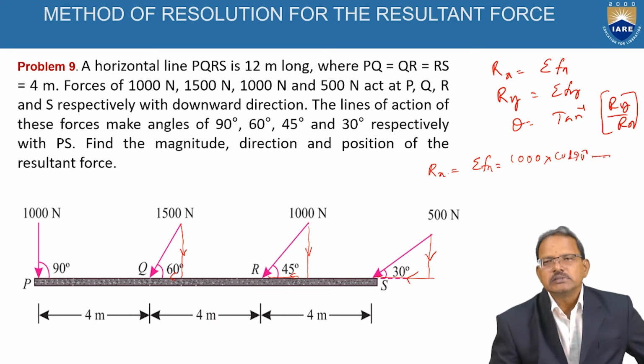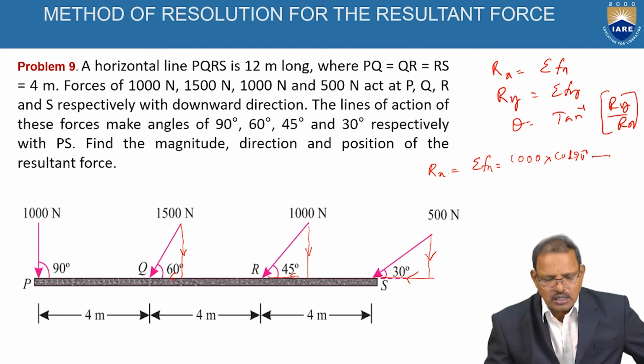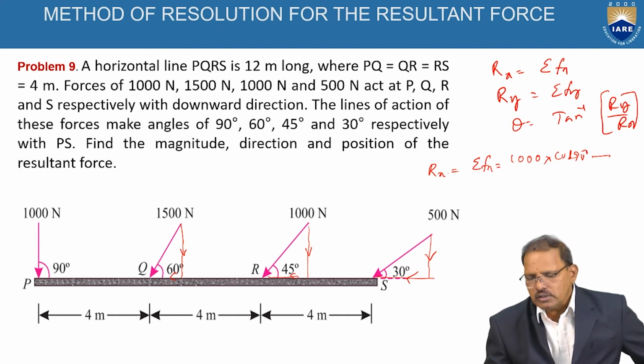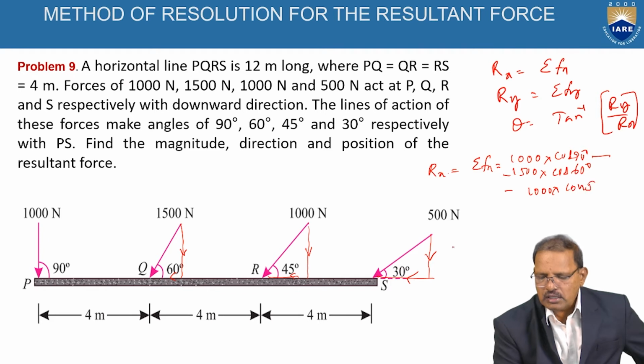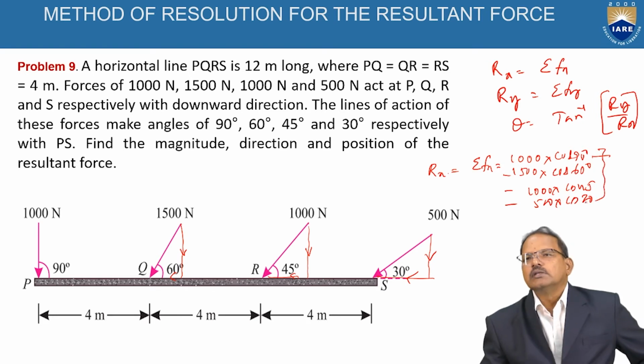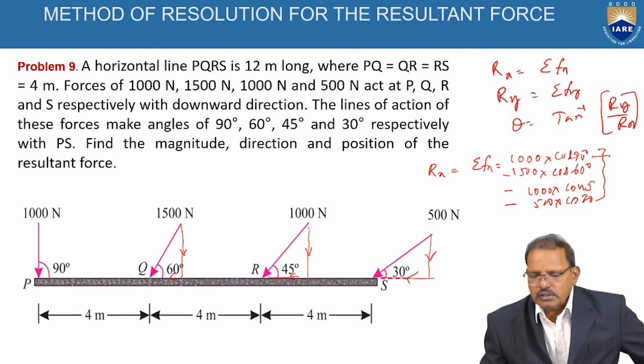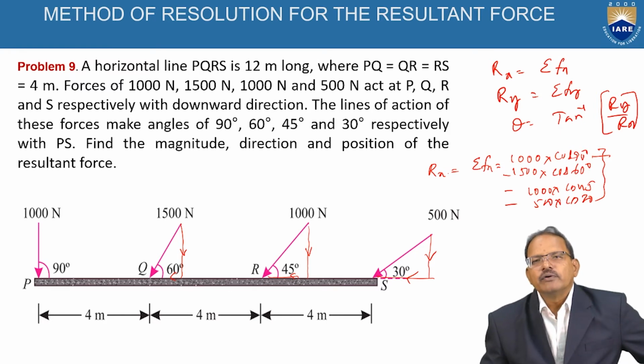Again minus, because the second force, 1500's horizontal component, is acting towards the left hand side, so you have to take it as a minus sign, that is 1500 into cos 60 degrees, minus, again the third component, minus 1000 into cos 45 degrees, and the fourth one again minus 500 into cos 30 degrees. If you take the components of all the forces, the obtained value is treated as the x component of the resultant force.